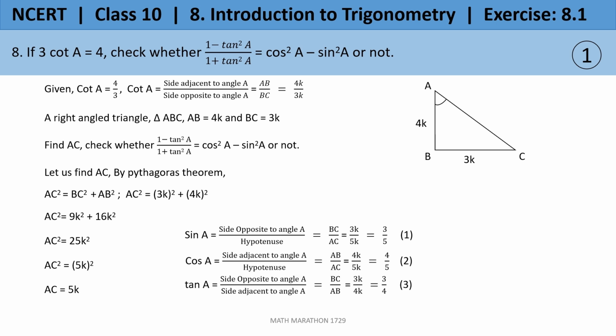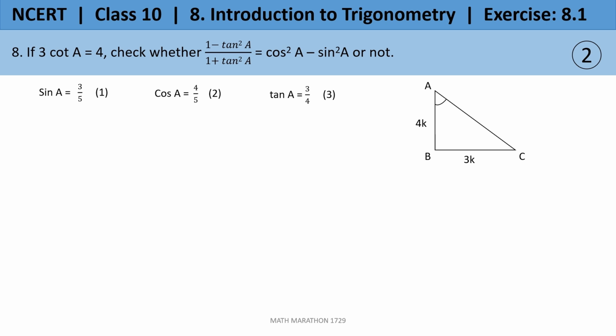Tan A is equal to side opposite to angle A by side adjacent to angle A, which is equal to BC by AB, which is equal to 3K by 4K, which is equal to 3 by 4. Now, we have the following. Sin A is equal to 3 by 5. Cos A is equal to 4 by 5. Tan A is equal to 3 by 4.